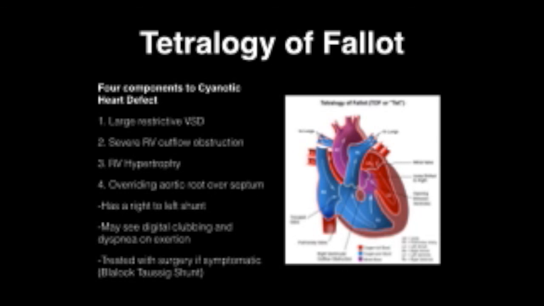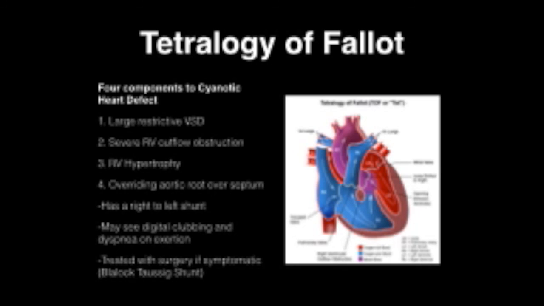We think of it as a right-to-left heart shunt, because we have this opening on the right ventricular side. Oftentimes, the pressure change that occurs after birth isn't able to fix this because of the other physiology going on with this disorder. In these patients, it wouldn't be unusual to see digital clubbing or dyspnea on exertion.